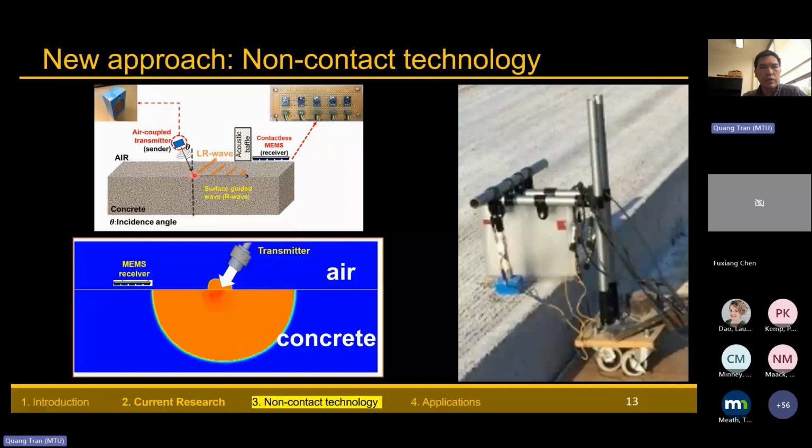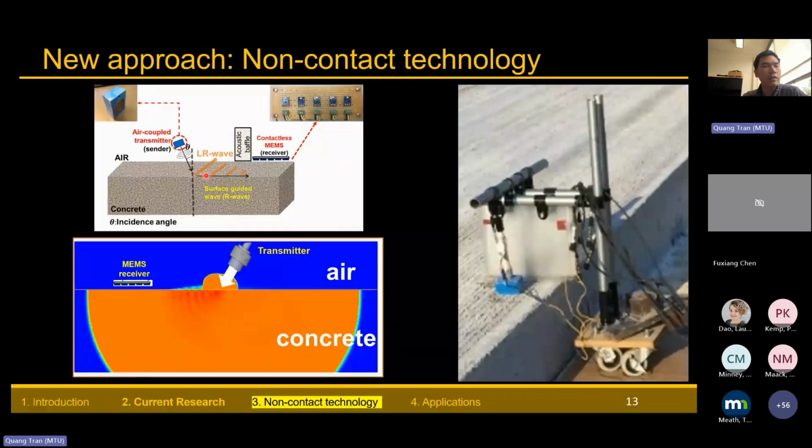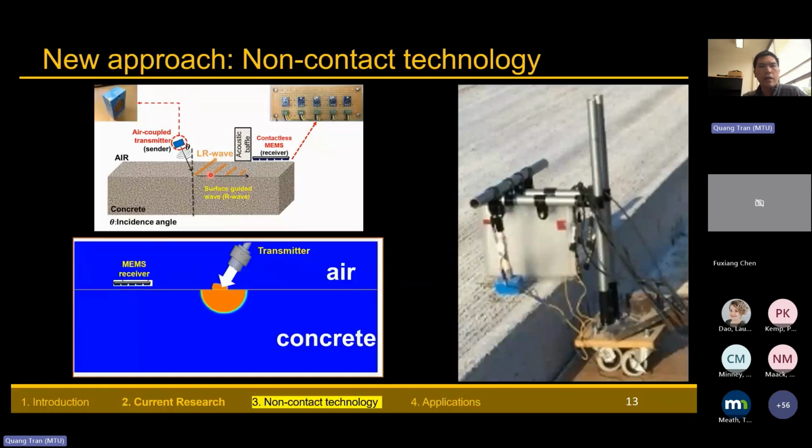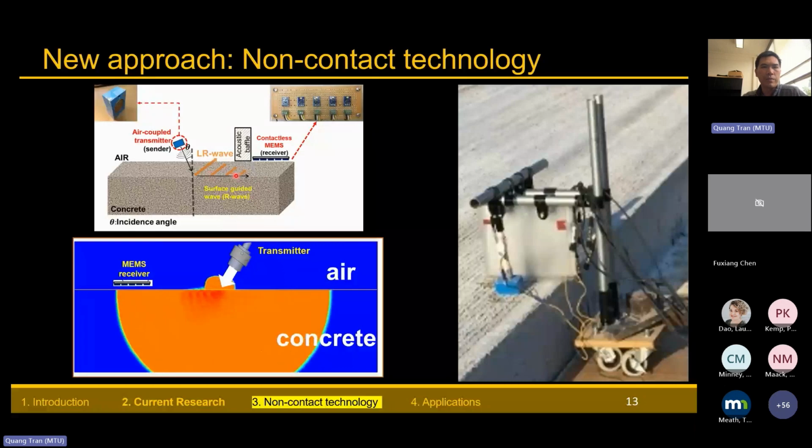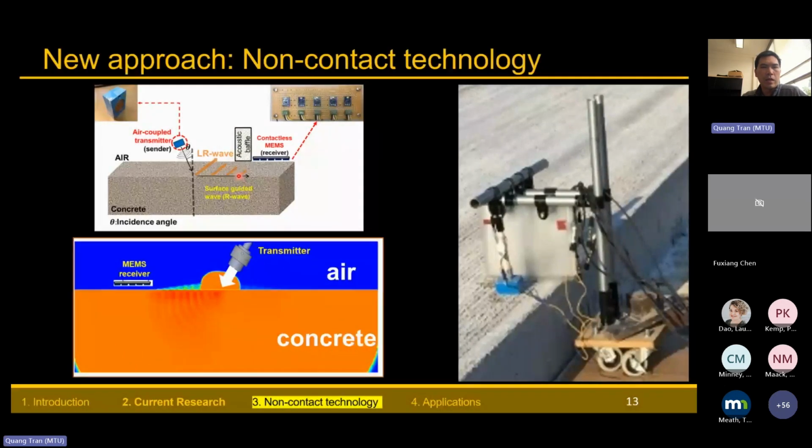Sorry, this wave creates a surface wave firstly, and then this surface wave will create a leaky surface wave into the air from the surface of the pavement.